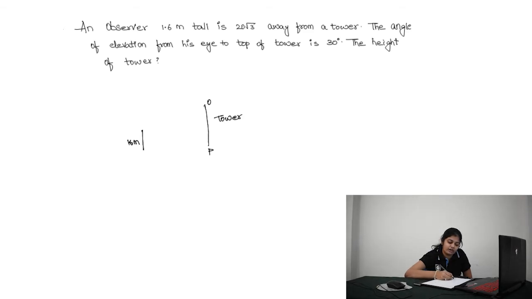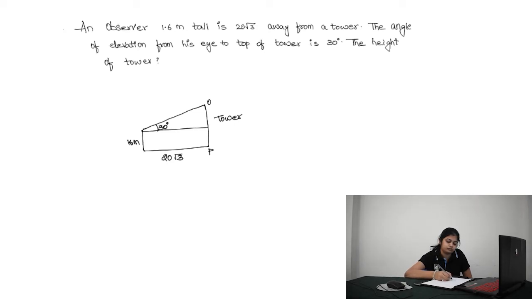The distance between the tower and the man standing is 20 root 3. The angle of elevation from his eye to the top of the tower is 30 degrees.